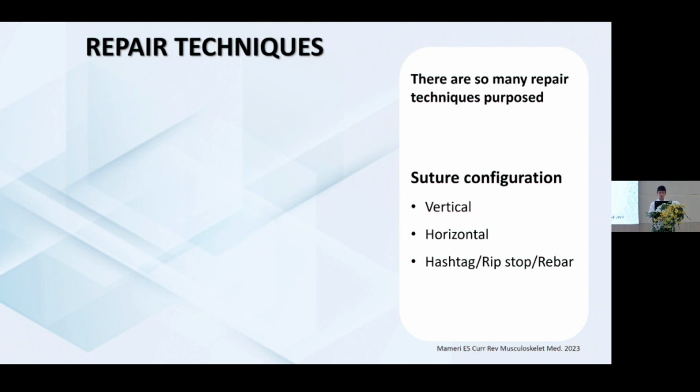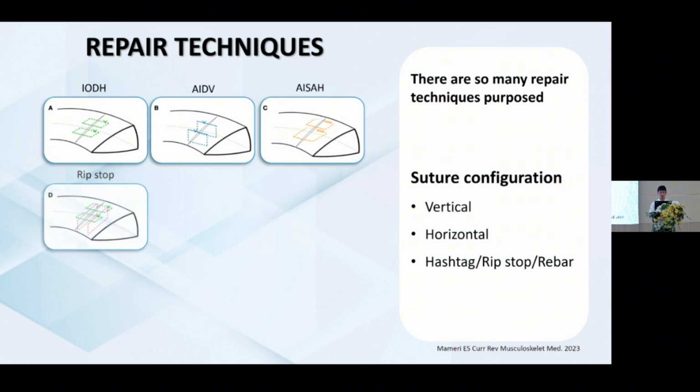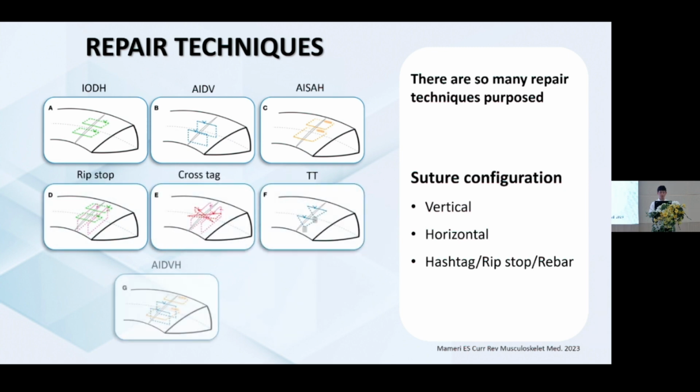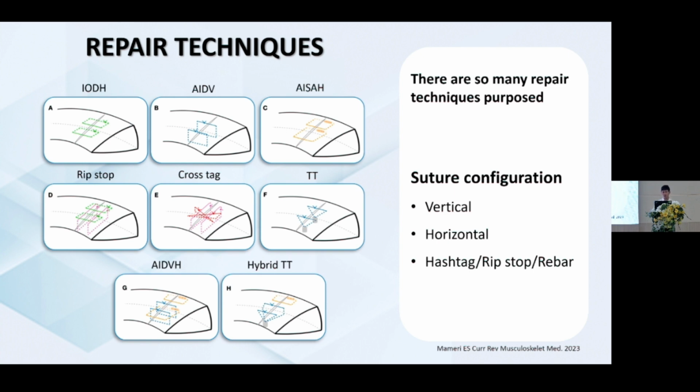From this systematic review in 2023, there are many suture configurations that we can use to overcome the problem, like inside out double horizontal, inside out double vertical, suture anchor, rip-stop suture, cross stitch, and even transtibial, combined all inside with both vertical and horizontal, and also hybrid transtibial. But which one is the best?